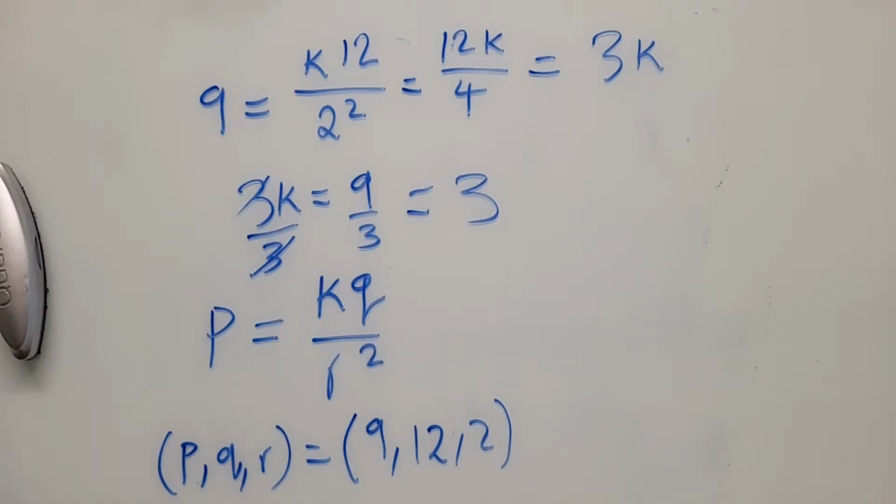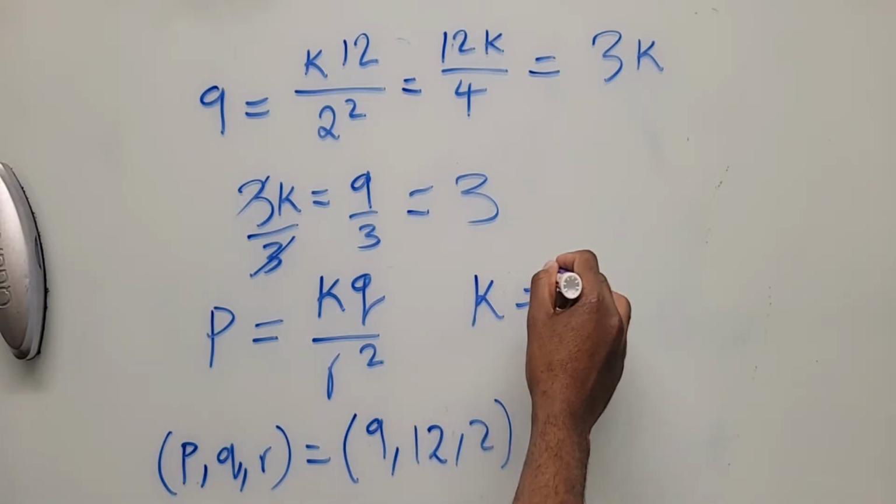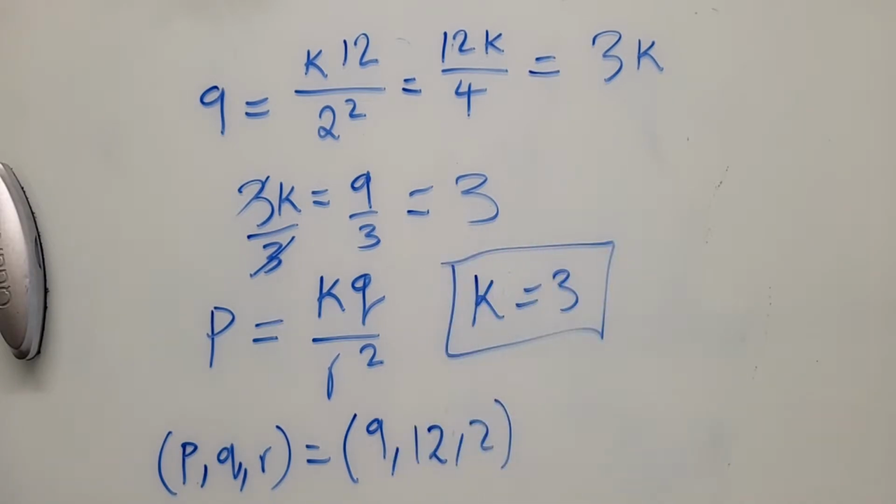So in that problem where P varies directly as Q and inversely as the square of R, the constant of variation K is 3. Okay? So having the constant of variation, if they give you other values of maybe P and Q to find R, you just substitute. Where there is K, you put 3 and make R or Q or P the subject of the formula, and then you can solve.